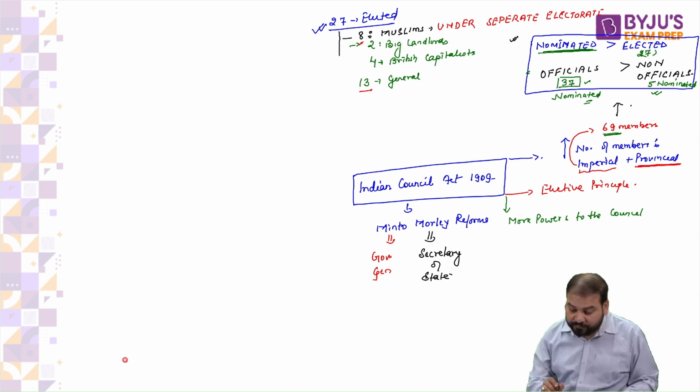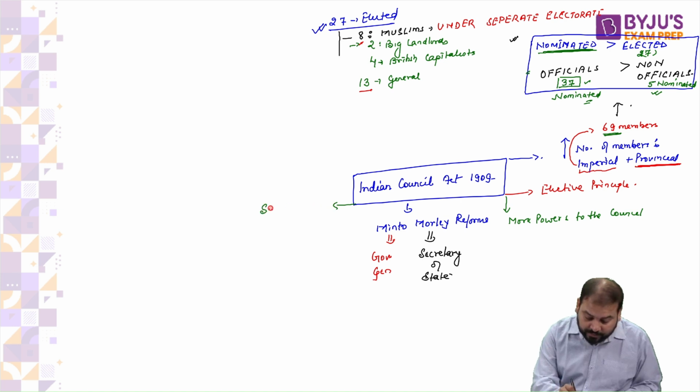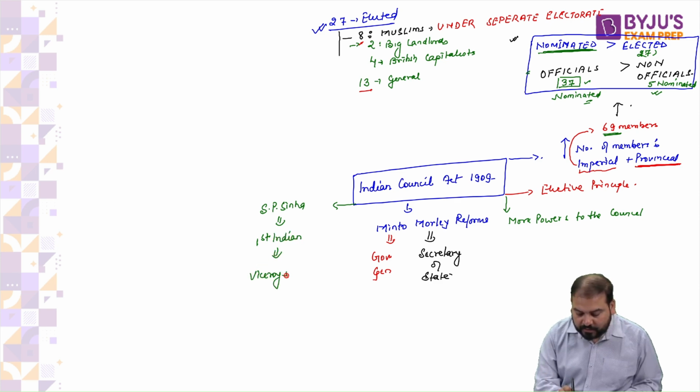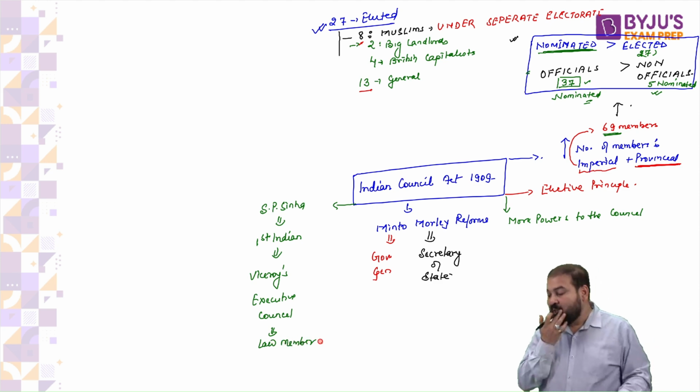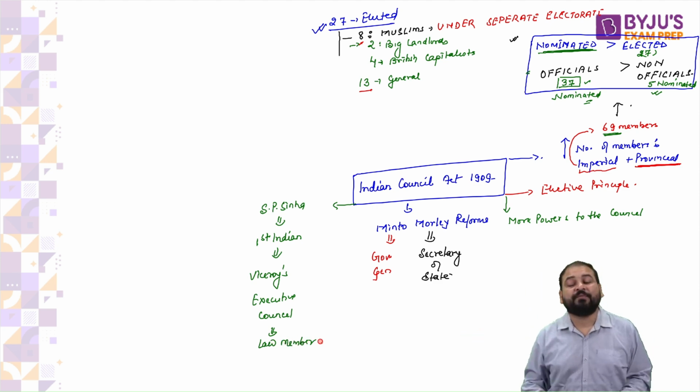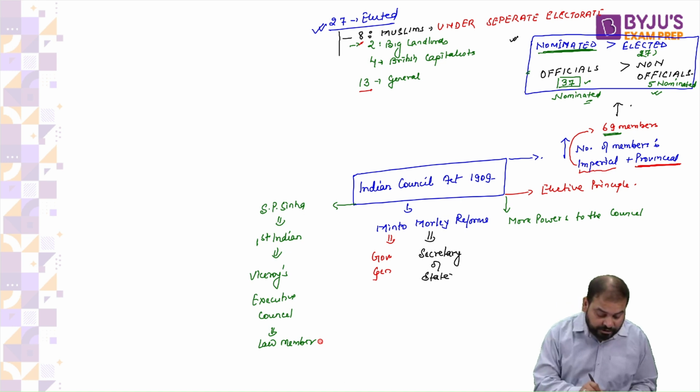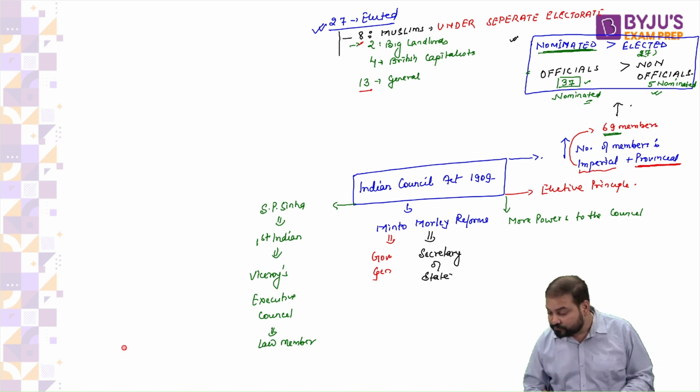Now some other provisions. Please remember, Satyendra Prasad Sinha became the first Indian to be appointed in the Viceroy's Executive Council. He was appointed as a law member. Another day you will see later he will become the first Indian origin governor of Bihar also.